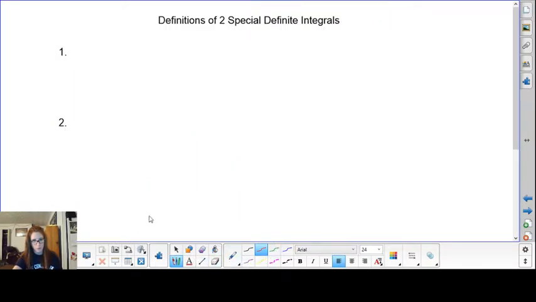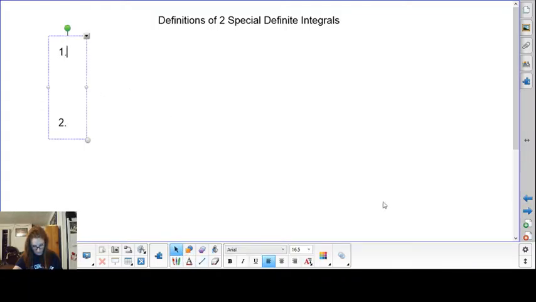This brings us to two special cases when dealing with integration.